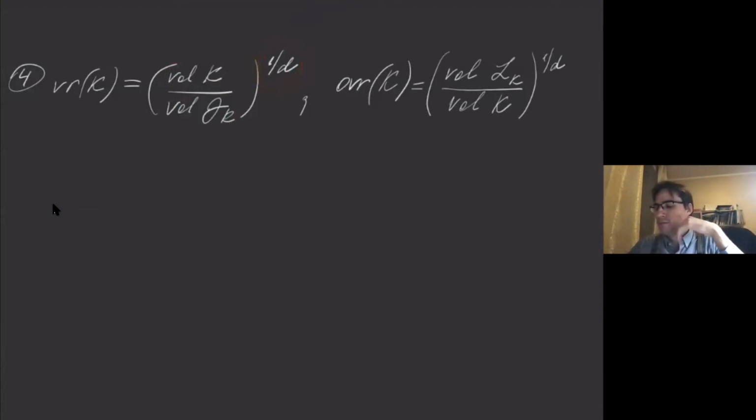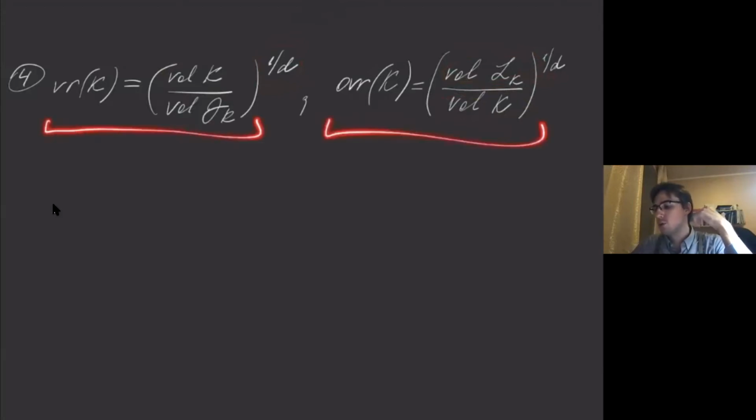And in some sense the dual quantity is the outer volume ratio of a body K, which is the volume of the Lowner ellipsoid of the body K over the volume of the body K itself, to the power of 1 over d. And an interesting question is, what are the upper bounds for these quantities?